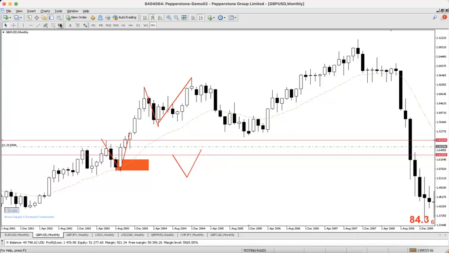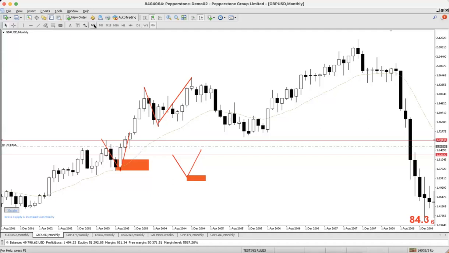And valleys at the bottom here are made up of something we call, again, demand zones. So when we enter our trades, we either enter using supply zones for the market that is going down, or demand zones for the market that is going up.